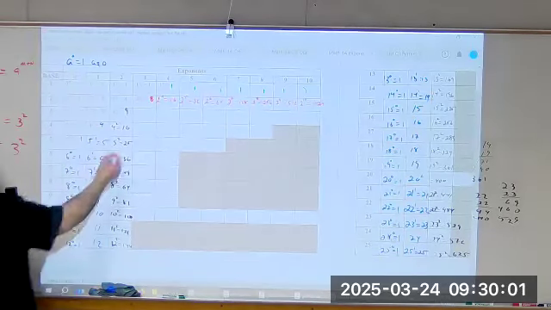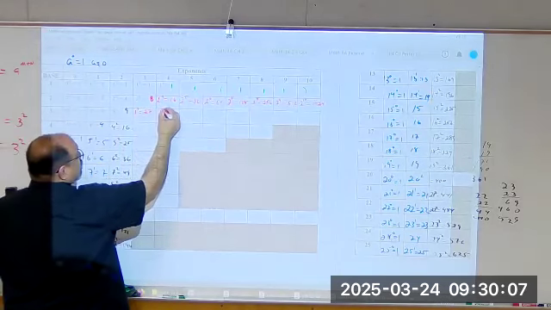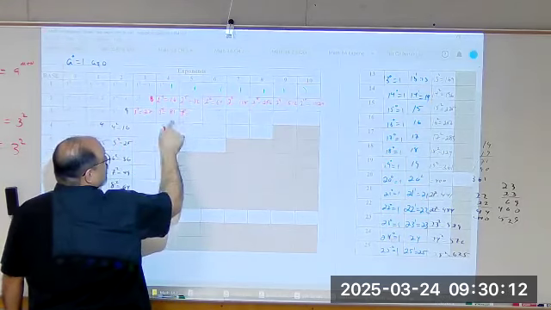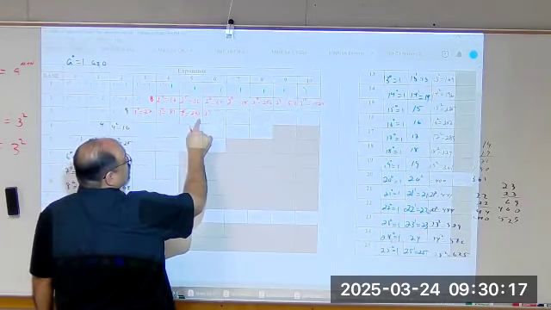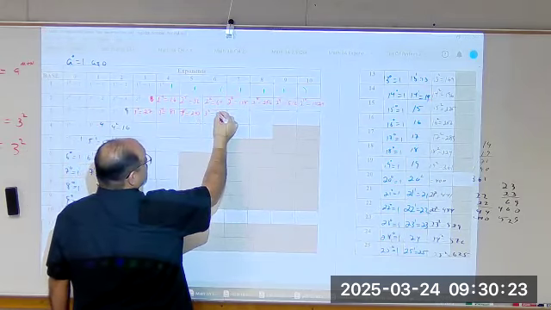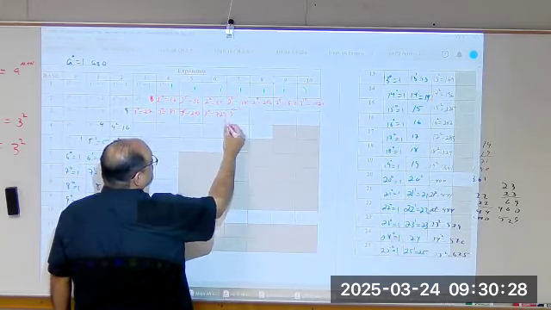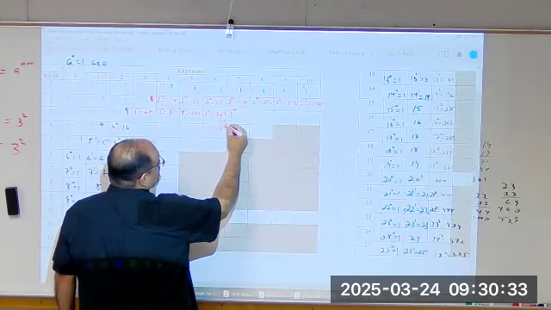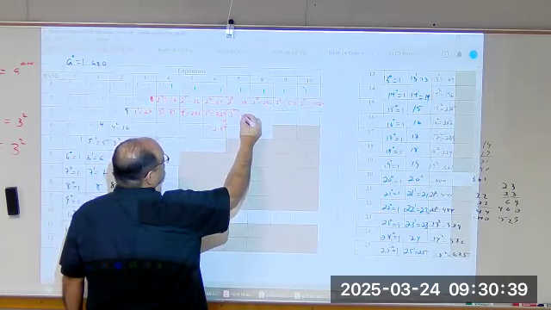Powers of 3 aren't bad either. 3 to the third, 9 times 3, 27. 3 to the fourth, 27 times 3, 81. 3 to the fifth, 81 times 3 is 243. 3 to the sixth, 243 times 3 is going to be 729. 3 to the seventh, times 3, that's 2,187.